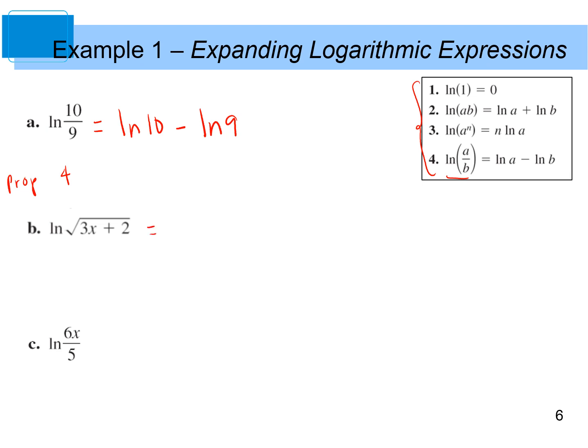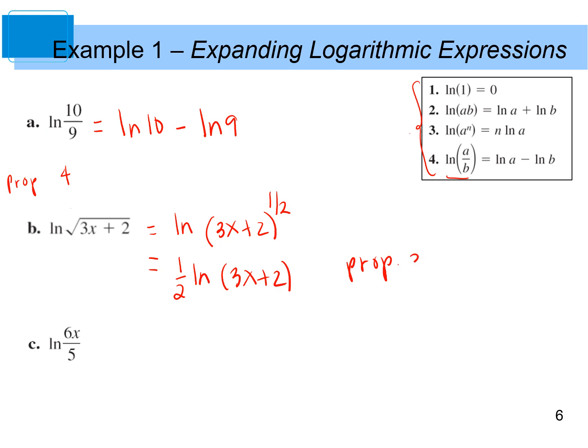First, let's rewrite this in the power form. So we have the natural logarithm of 3x plus 2, and since it is a square root, this will be raised to 1/2. Now, applying the third property to the natural logarithm of a power, we can make the exponent a coefficient. So this is now 1/2 times the natural logarithm of 3x plus 2. So we used property 3 for this expression.